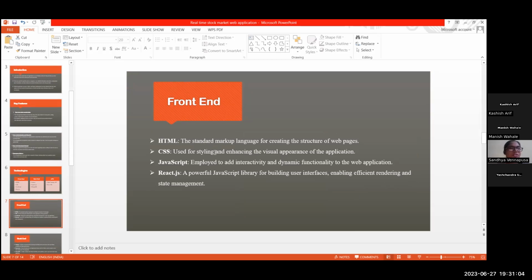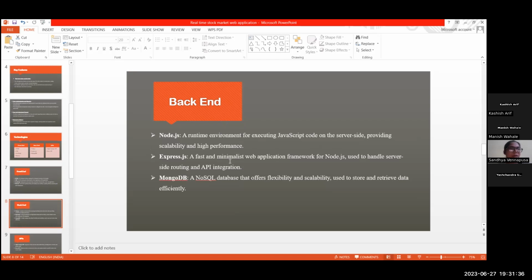JavaScript is used to add interactivity and dynamic functionality. Actually, these are the foundational technologies to build any web pages. And React.js is a powerful JavaScript library used for building user interfaces, which makes the web application more user-friendly.